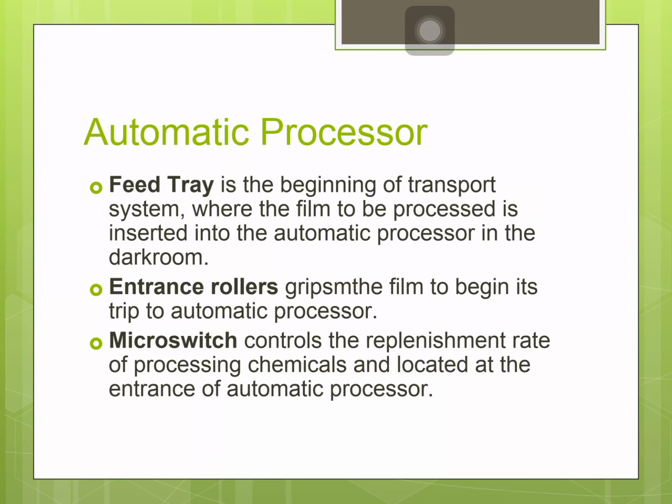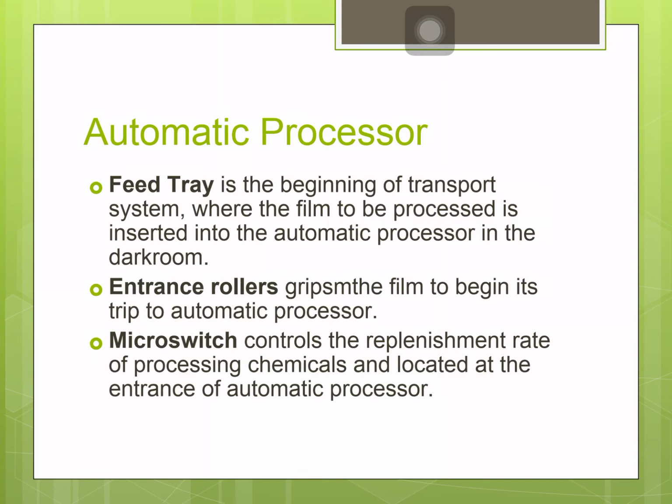So, sabi ko nga kanina, ang automatic processor is a device that has roller transport system. So, paano nga ba gumagalaw yung ating radiographic film sa loob ng isang automatic processor? So, first we have the feed tray. So, this is where the transport system begins.